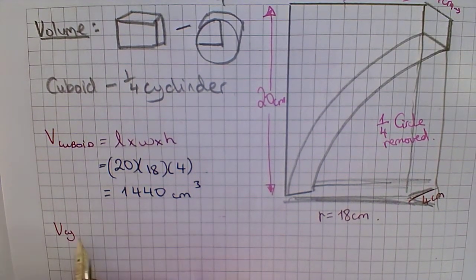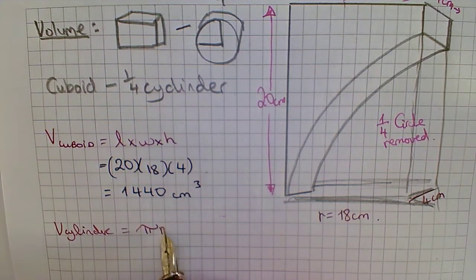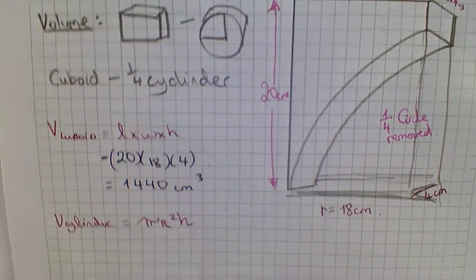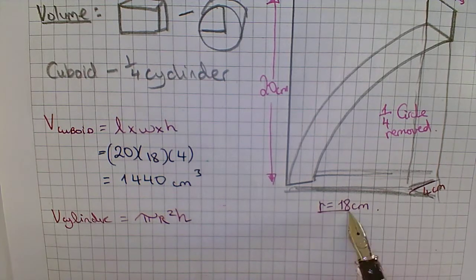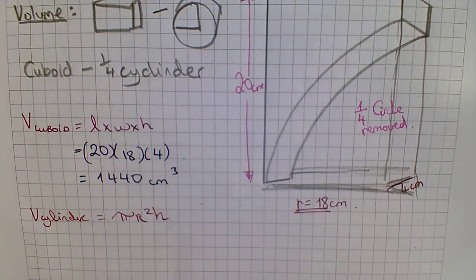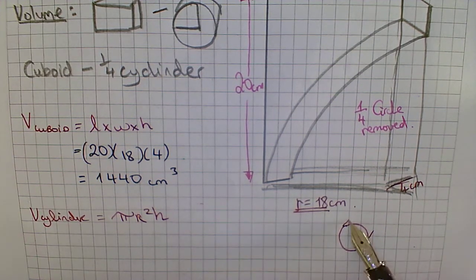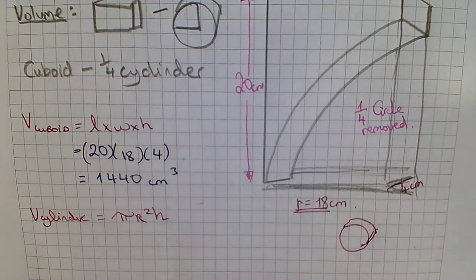And then first I'll find the volume of the full cylinder. Volume of a cylinder, we have a formula for that. It's pi r squared h. And what are these things? Well, r is my radius, h is the depth of my cylinder here. So this is like a little cylinder on its side. Not a very tall cylinder, but it is a cylinder all the same.